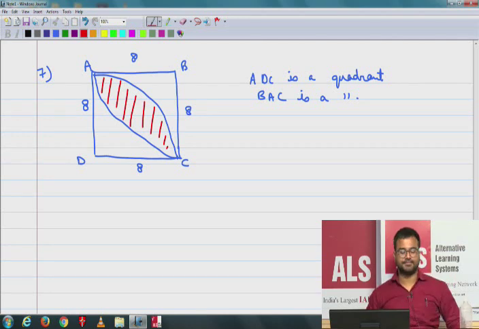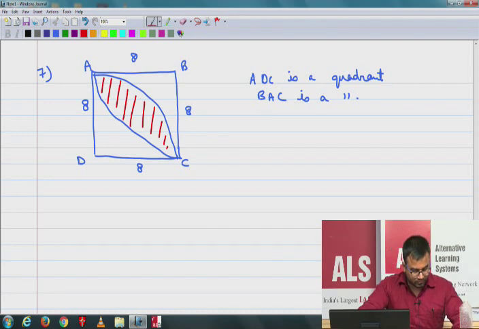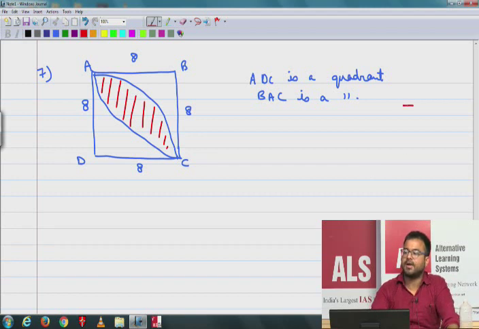And this outside is 8, 8, 8, 8. And find your answer in terms of fraction. And take pi as 22/7 also.